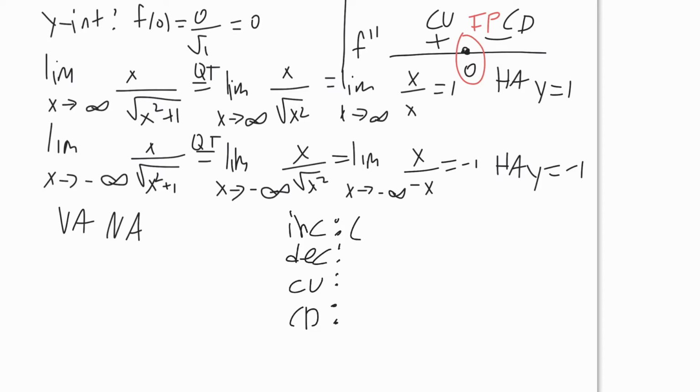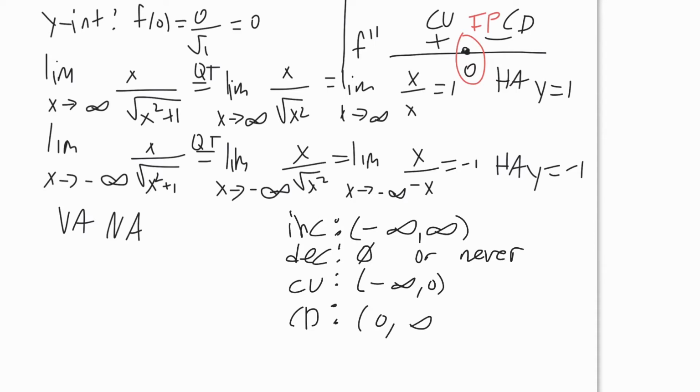So it's increasing on negative infinity to infinity. And it is decreasing never, or you could put the empty set. It's concave up on negative infinity to 0, and concave down on 0 to infinity.